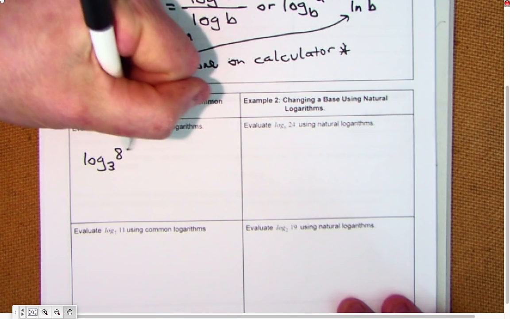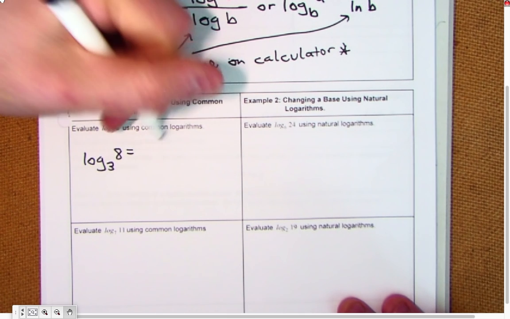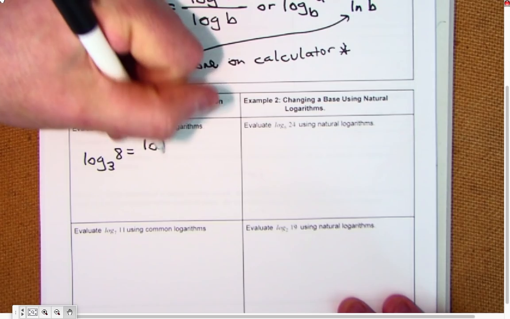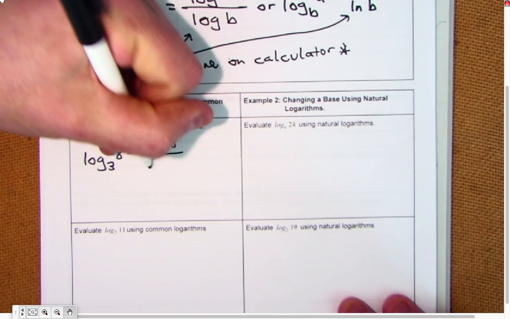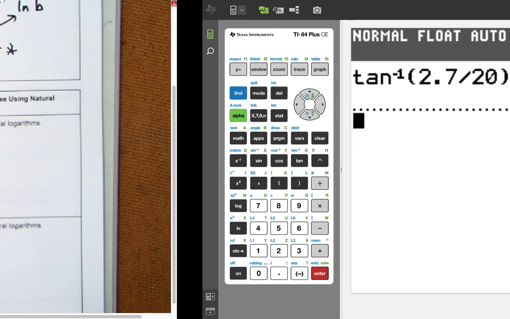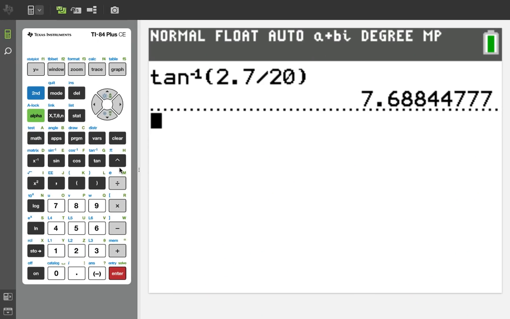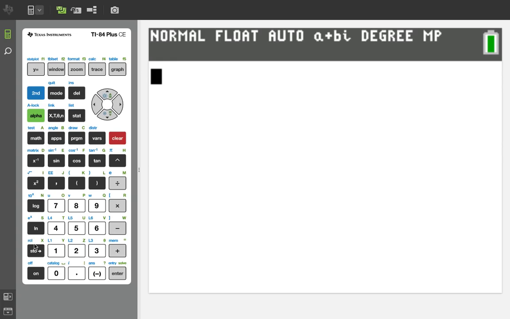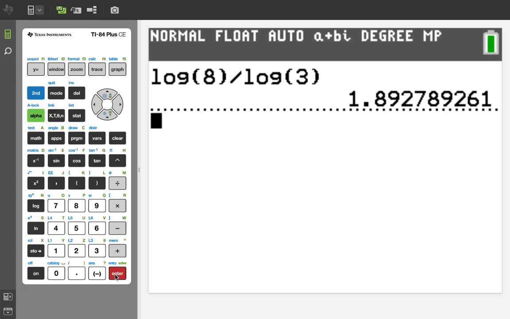So we can redo this as the logarithm of 8 divided by the logarithm of 3, and we grab our handy dandy calculator and clear that out. Here's our log button right here, logarithm of 8 divided by the logarithm of 3, and we get about 1.893.